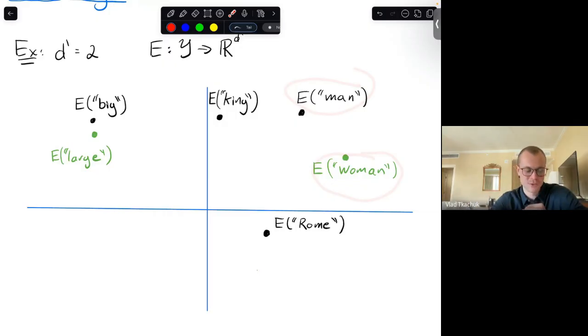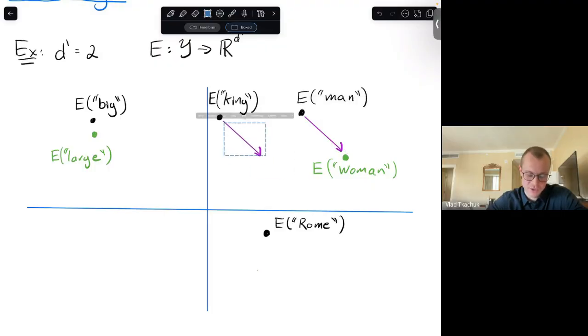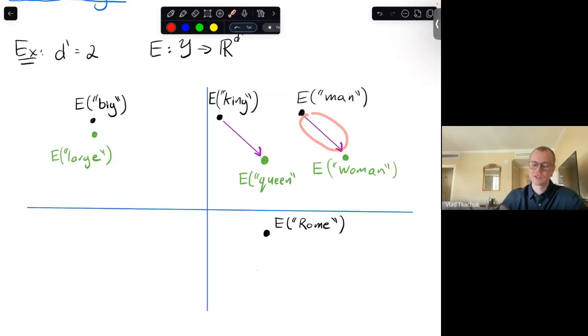It turns out that if you took the actual vector difference from man to woman, you could then take this difference and add it to the vector of king, and you will very likely end up with a point which is very close to the embedding of queen. So moving along in this vector space, along these relationships, has a very nice kind of meaning.